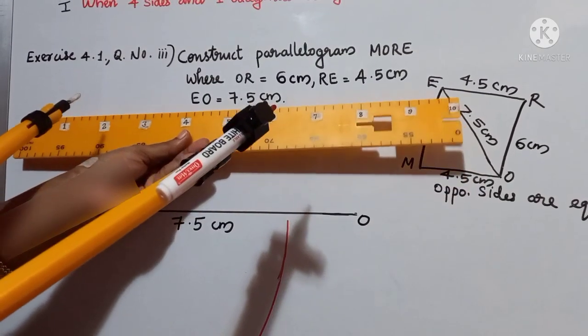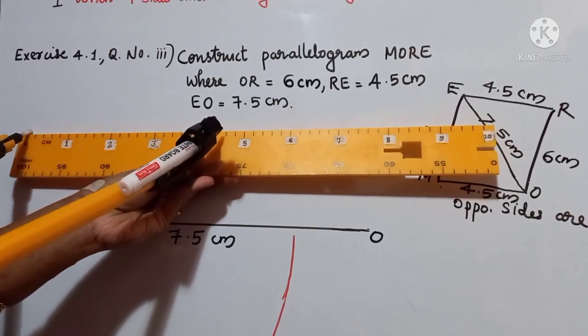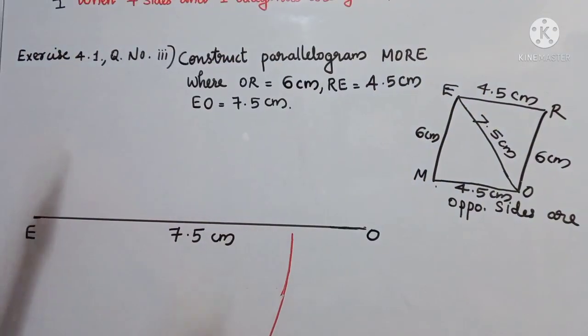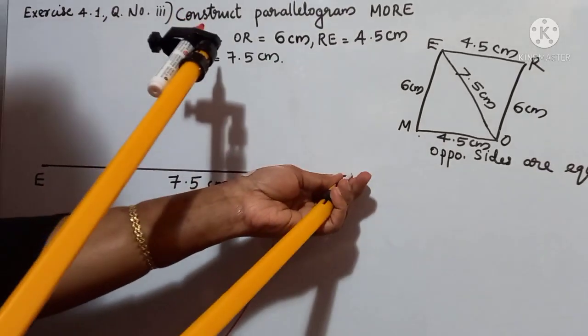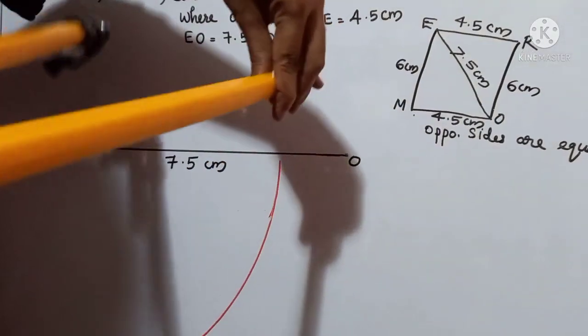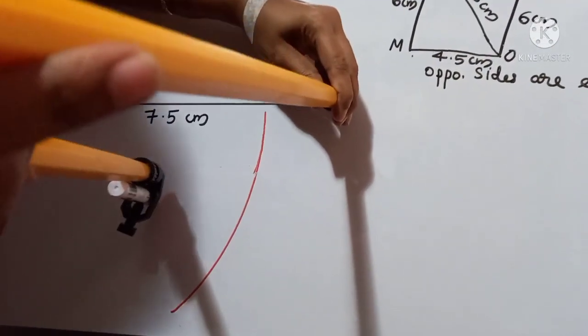From O, M is 4.5 centimeter away. We can take that 4.5. Now it is 4.5. Then pointing on O, draw an arc like this way.